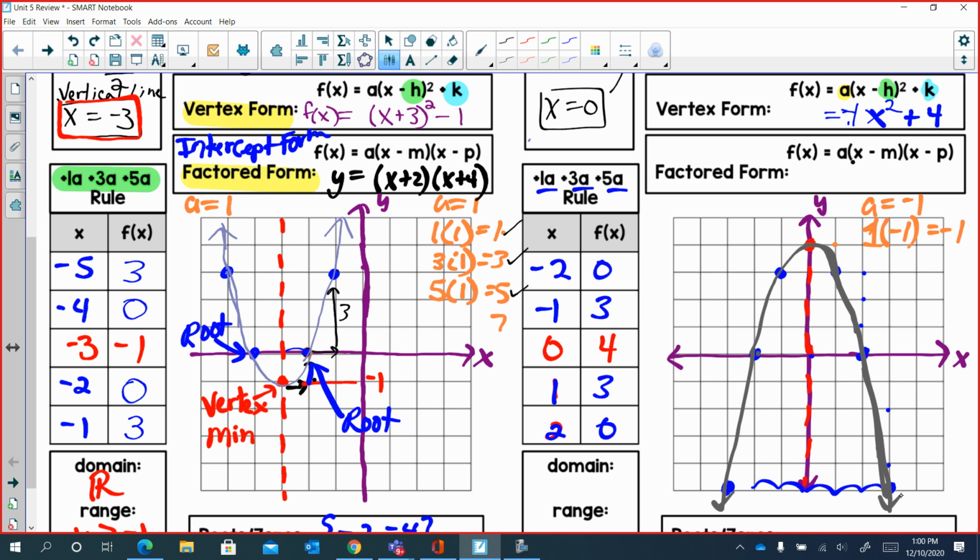Before we go to domain, now that we have the graph, do we know where the intercepts are? Where are they? Yeah, at a +2 and a -2. So these are our roots or our intercepts. So now I can plug this in.